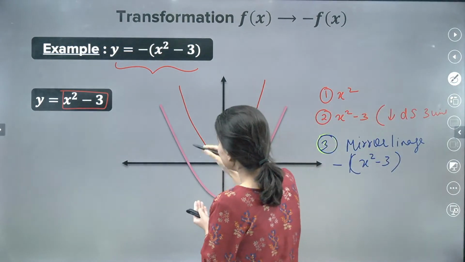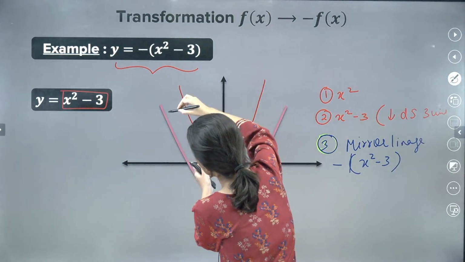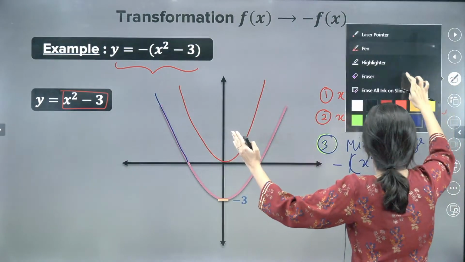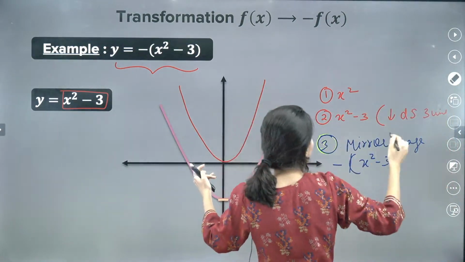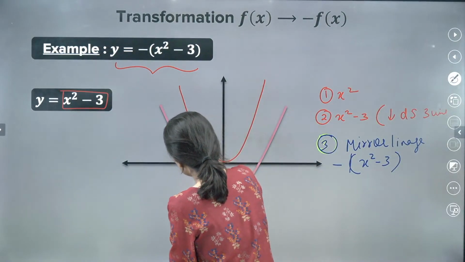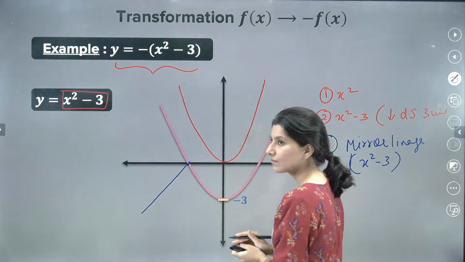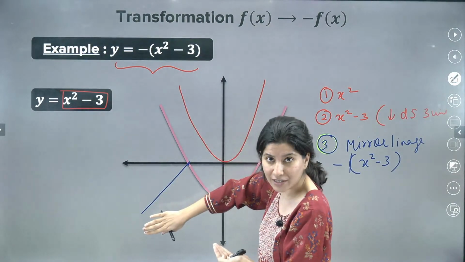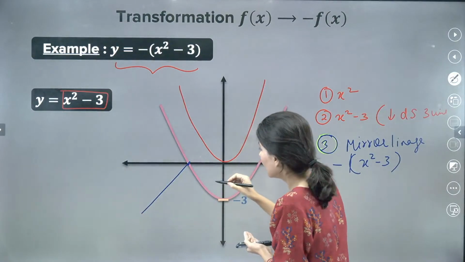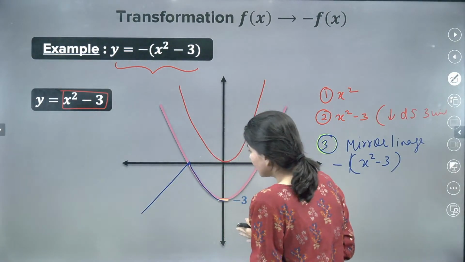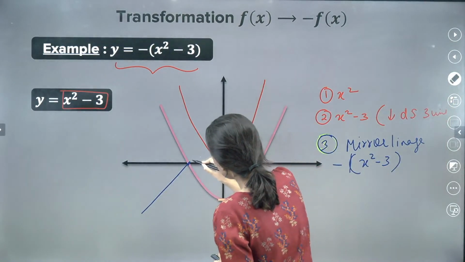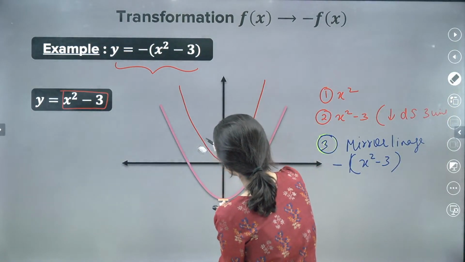So basically this portion you are seeing now, I'm going to erase it from here and make it here. So this is the point, and this is how it would be. Did you see? I have shifted this over here. What was positive, I made negative. Now what about this? It was on the negative side. So I will delete this portion and I will just take the mirror image like this.